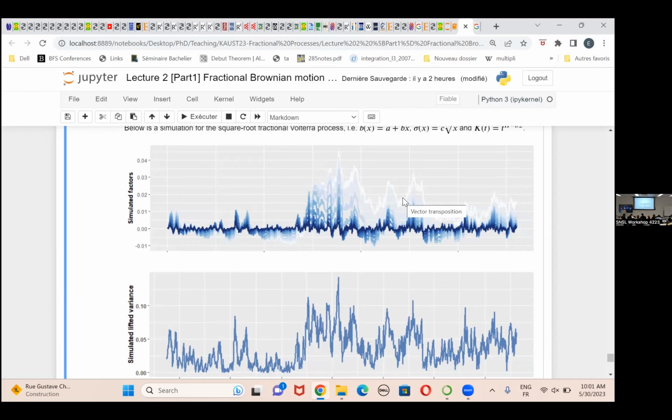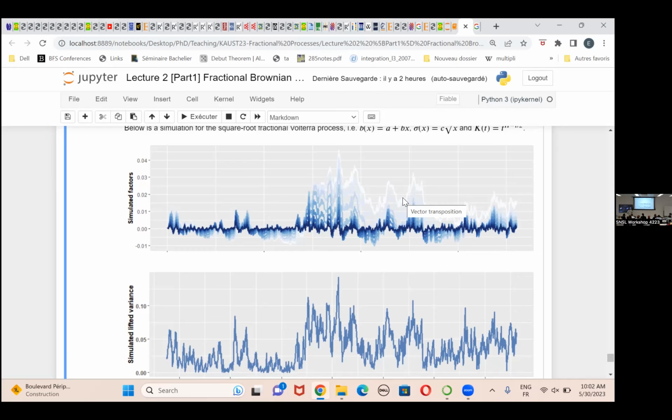And even if you want to estimate, so what Christian showed you yesterday, the regularity of this path, okay, you'll get an H that is below 0.5. So even the estimator of the Hurst index will not give you the correct value unless, again, you zoom in, you take a very fine grid, and then you'll see that the estimator will converge to the exact value.